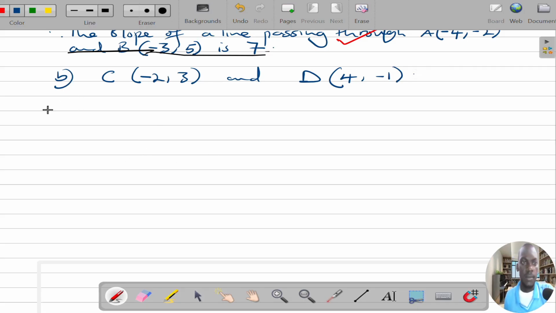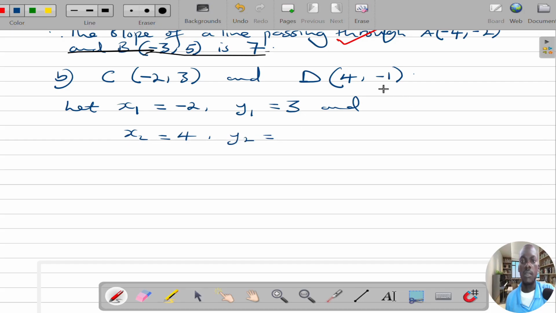Still, we do the same. We let x1 be equal to -2. Automatically, y1 becomes 3, and x2 is equal to 4, and automatically y2 becomes -1.